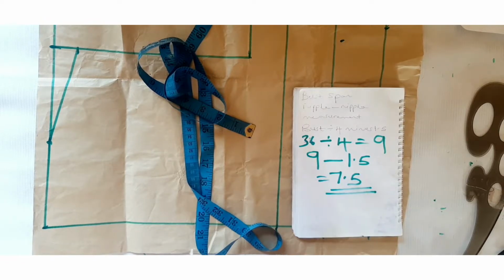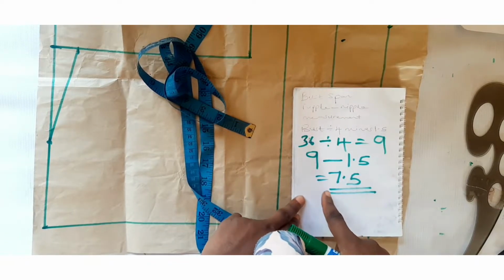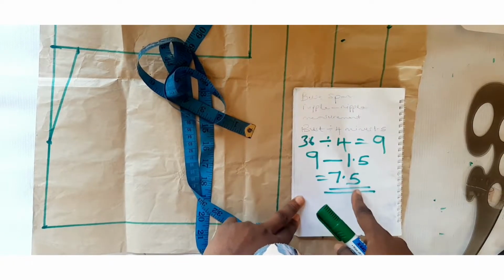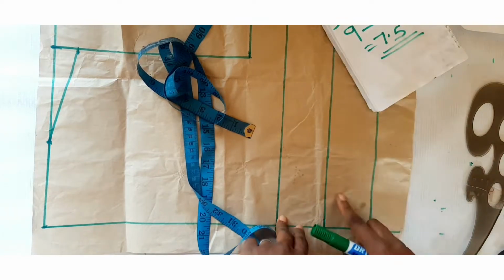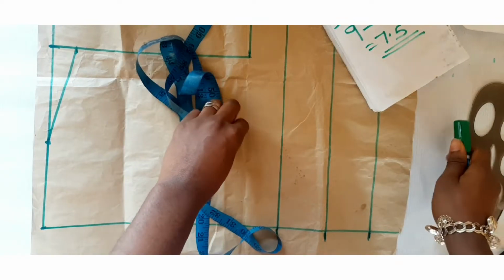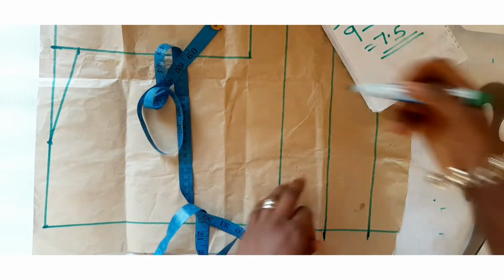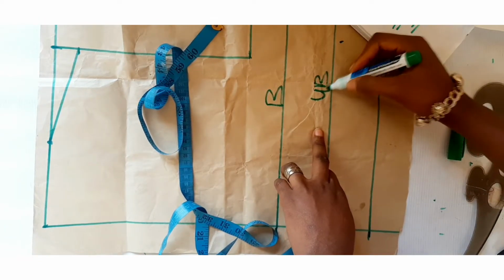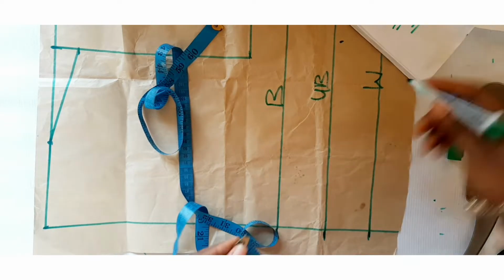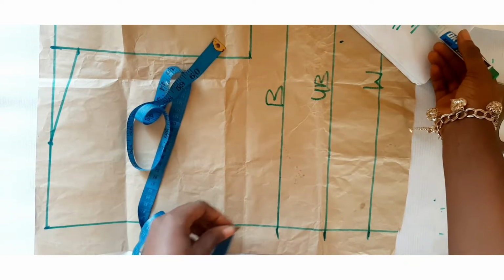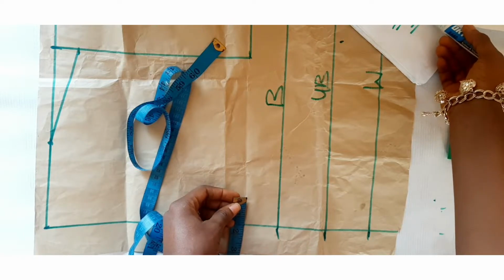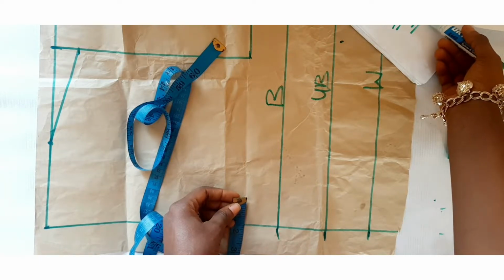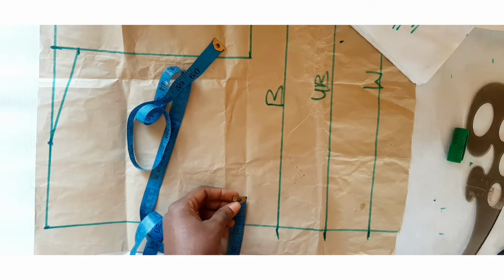That is the bust span, in case you forget to take it on your client. And if you want to input this 7.5 here, let's assume that this is the bust, the underbust, and the waist, you're going to divide this 7.5 by 2.